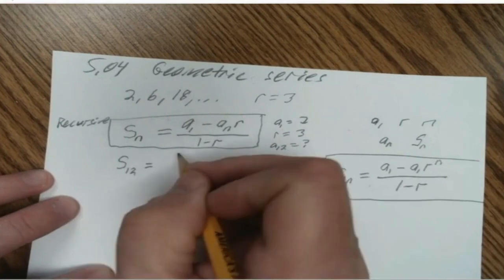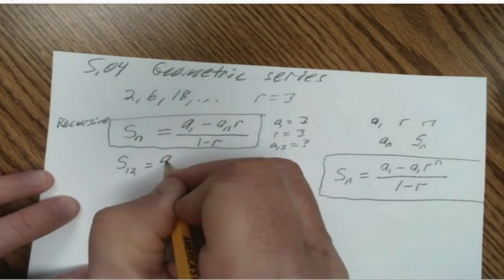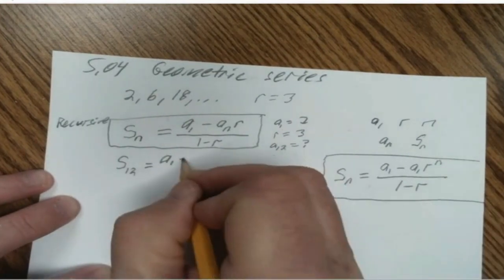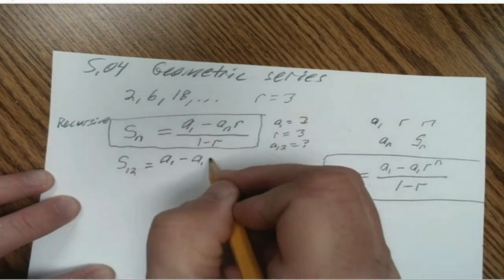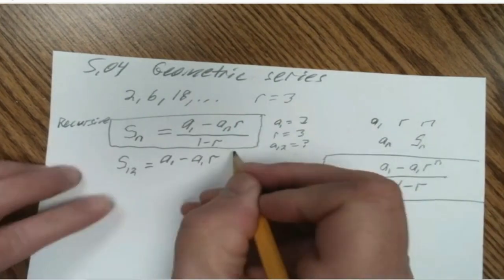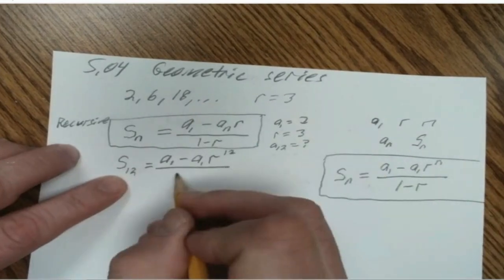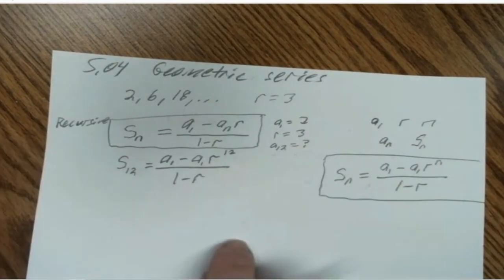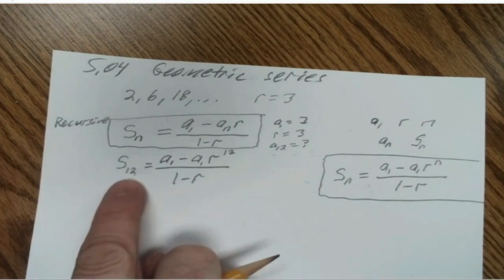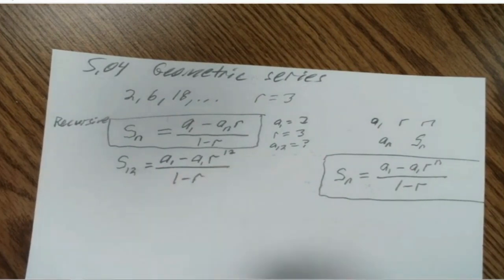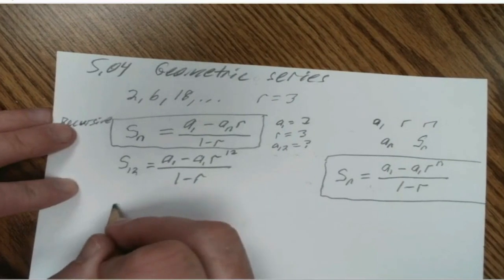It would be A sub 1 minus A sub 1 times R to the N, R to the 12th, over 1 minus R. Since we know our N is 12, that would be R to the 12th. So let's substitute what we know in for that.